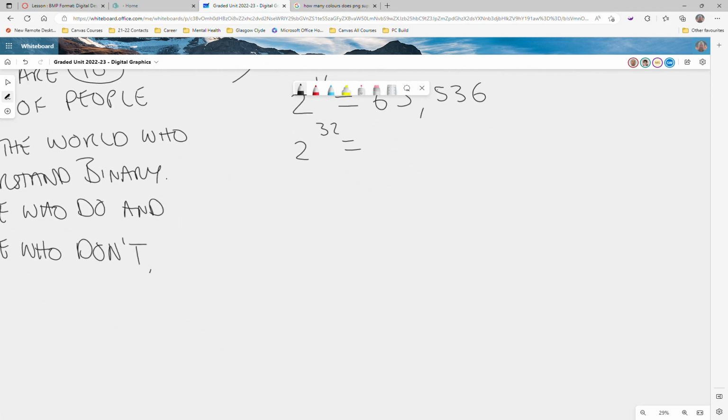So the joke here is it's a totally different number system. There's hexadecimal number systems as well, which we will actually touch on again because we need to look at colours at some point. But if I write that down, what number is that?